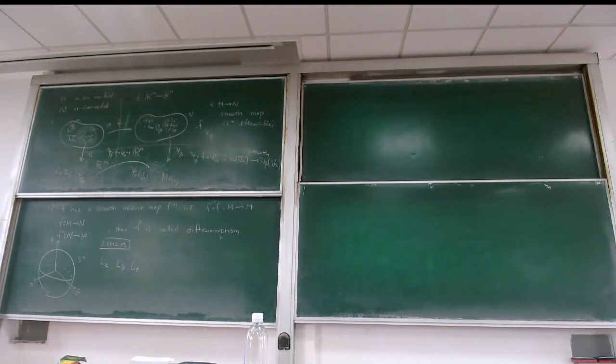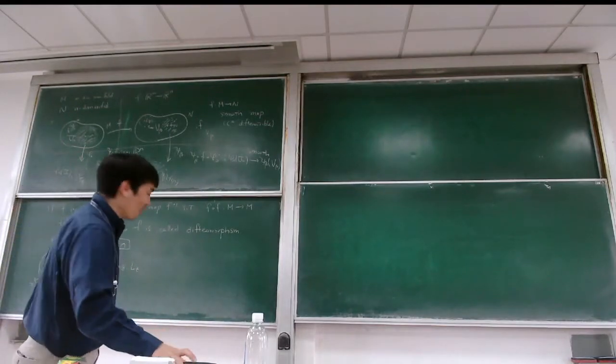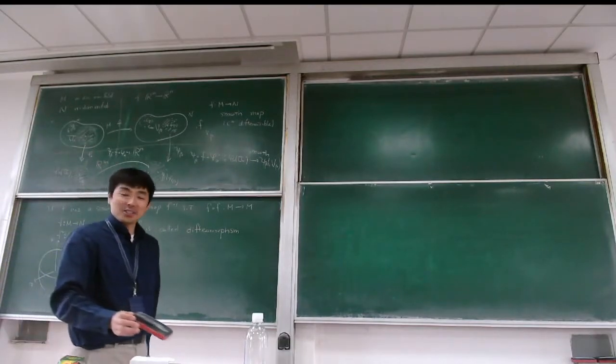Generator of this rotation is called Lx and Ly and Lz. Did you learn this one in quantum mechanics? Just tell me if you don't. You miss a chance. If you learned it, it's okay.